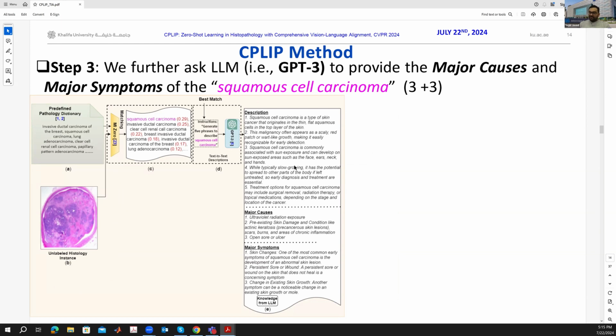One of the most common early symptoms is the development of an abnormal skin lesion and a persistent sore or wound in the skin. So GPT-3 did a very nice job. It pulled out 5 different textual descriptions, 3 major causes, and on top of that 3 major symptoms for the best match word squamous cell carcinoma. Of course, we can extend to more causes and more symptoms.